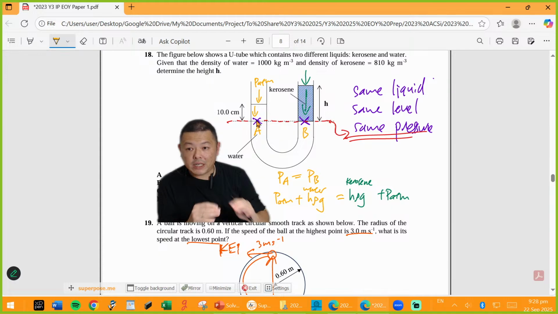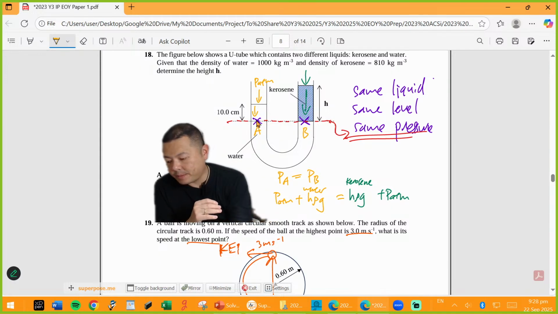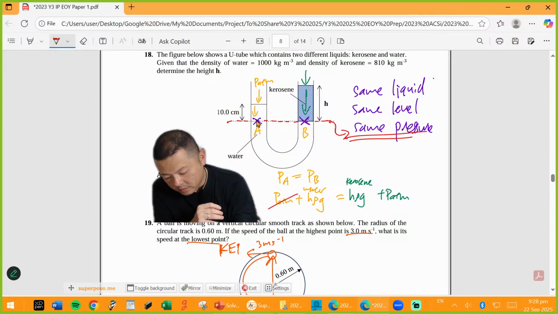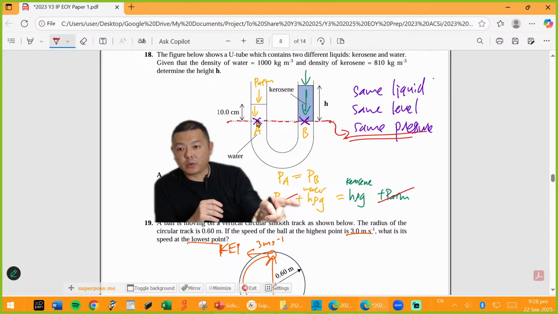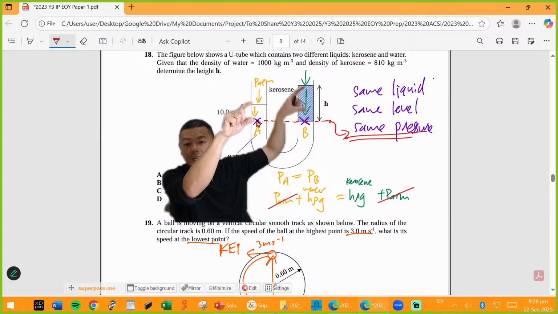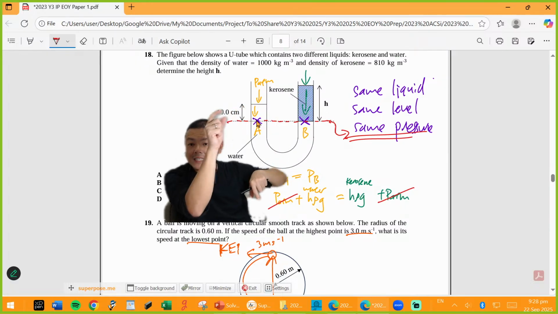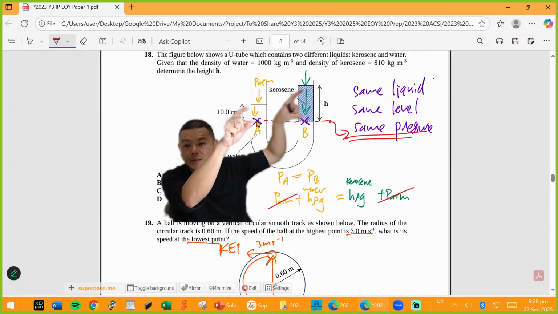It just so happens that both P ATMs cancel off. So you get H rho G of water equals H rho G of kerosene. These two levels exert the same amount of pressure. So 10 cm of water is equivalent to H cm of kerosene.